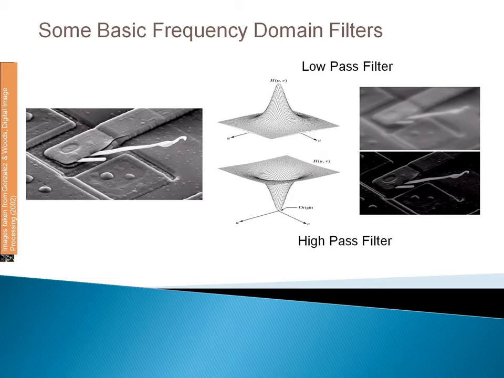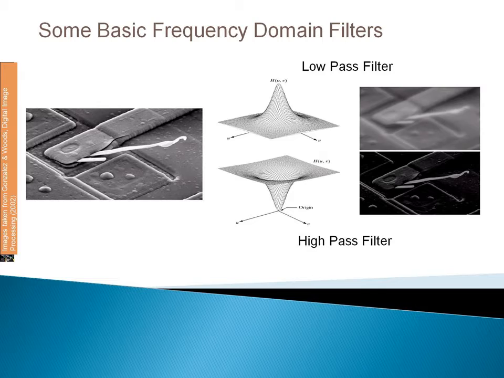We can see that when we are using a high pass filter, it is going to eliminate the DC term, and it results in the effect which is seen over here. If I add some small constant amount to the filter, it does not appreciably affect our sharpening, but it prevents elimination of the DC term, and it is going to preserve the tonality of the final image.